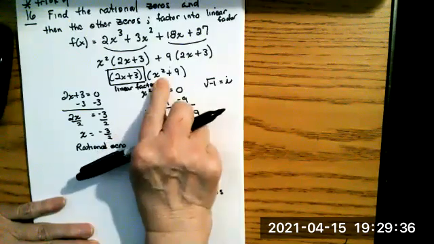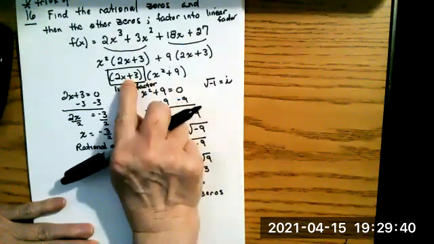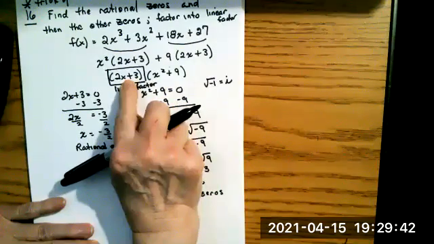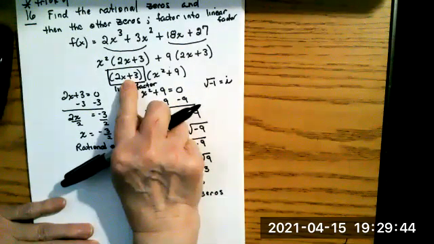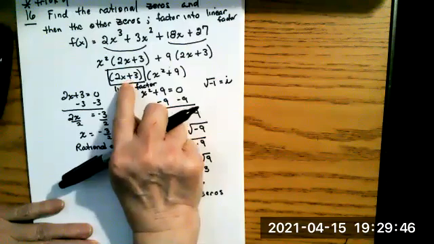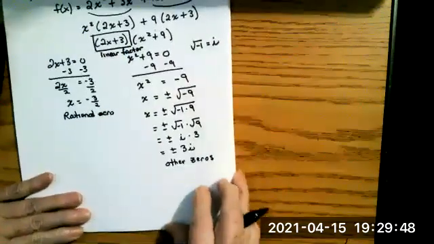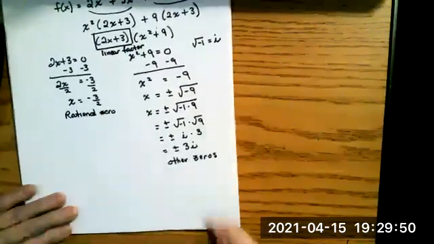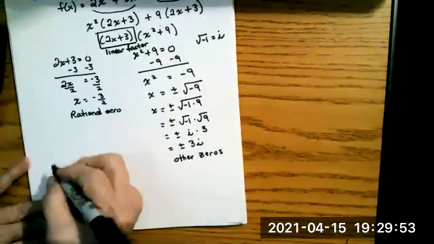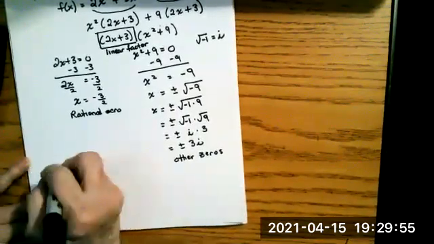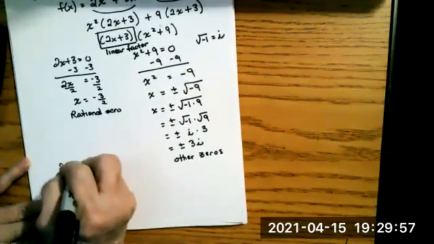This one is not a linear factor. It's a square. But I can go ahead and save myself some grief by trying to figure out where the 2 came from if I just use that one as one of the linear factors. I can do that. So I can say that 2x plus 3 is one of them.